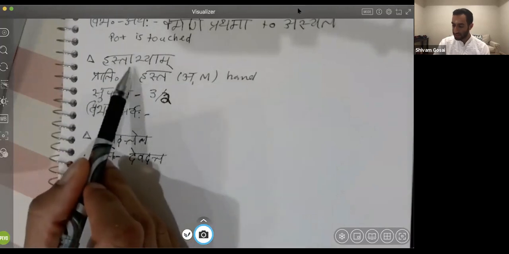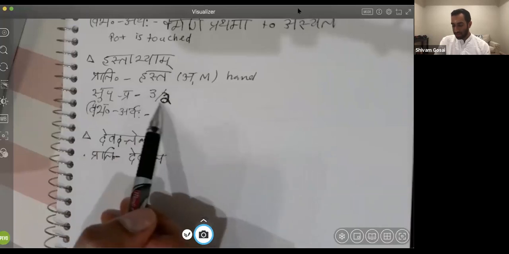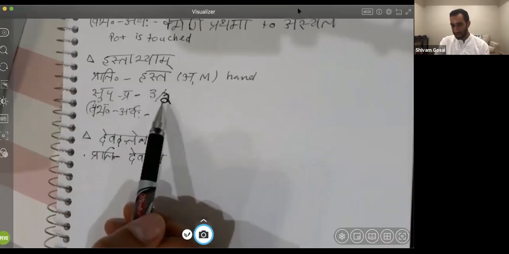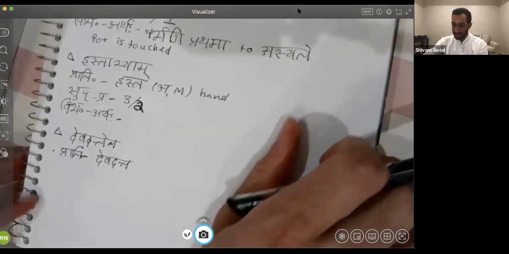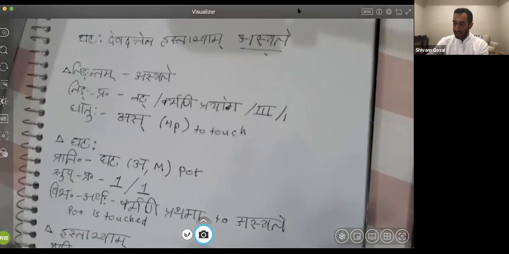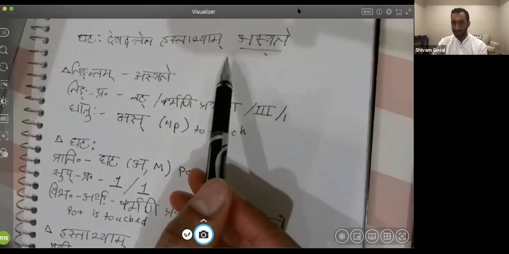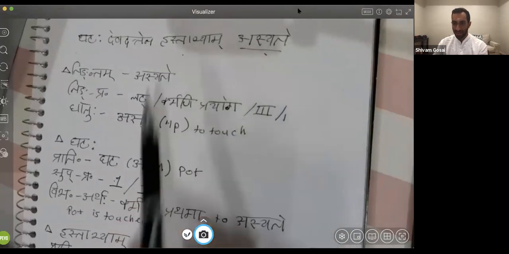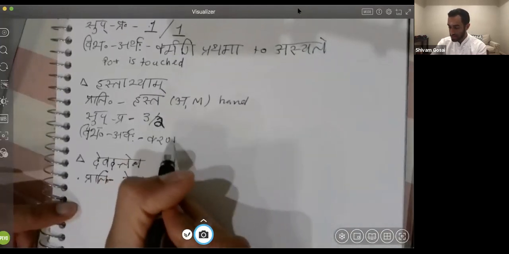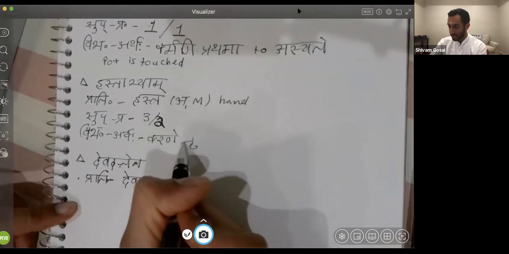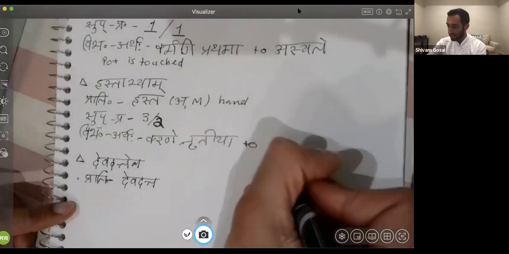Okay, so it wouldn't be Dvitiya Vibhakti, we're in Tritiya, so it's either Karane or it's Kartari. If we look at the sentence, he's touching. What is the instrument of touching? Instrument of touching is his hands, right? So this is Karane Tritiya to asyate.